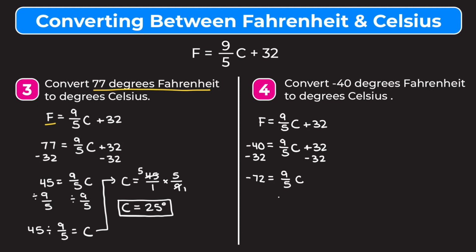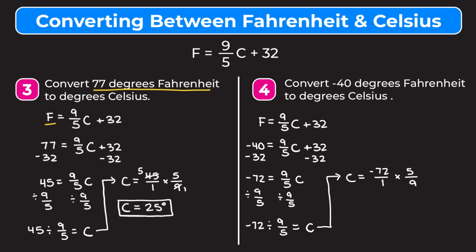And now to get the C by itself, we need to divide both sides of our equation by 9/5. On the left, we have negative 72 divided by 9/5. And on the right, we're left with 1C, which is just the same as C. We're going to go over here to do this division. So we're going to say C is equal to, we want to write negative 72 as negative 72 over 1, and multiply this by the reciprocal of the second fraction.